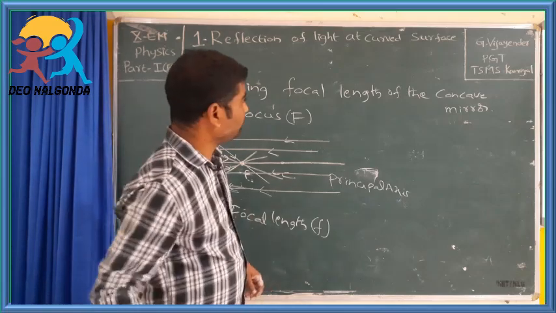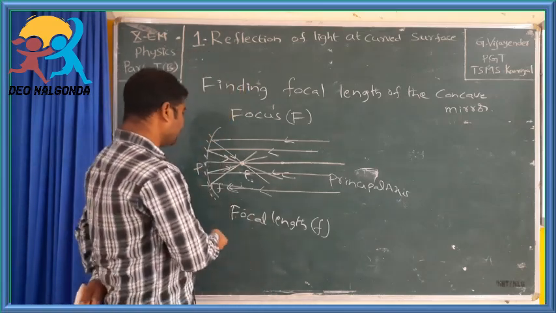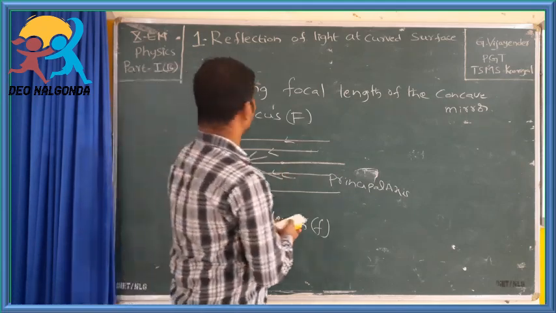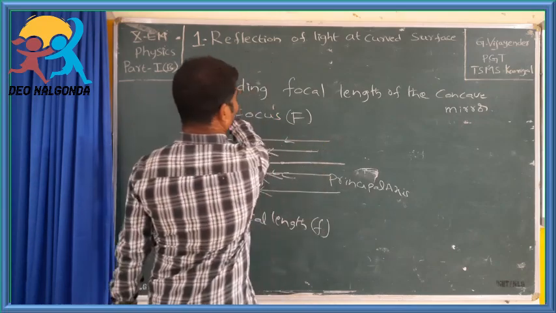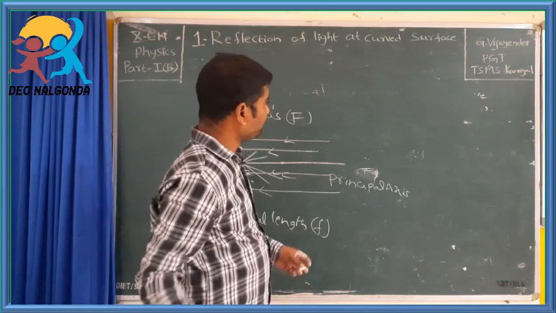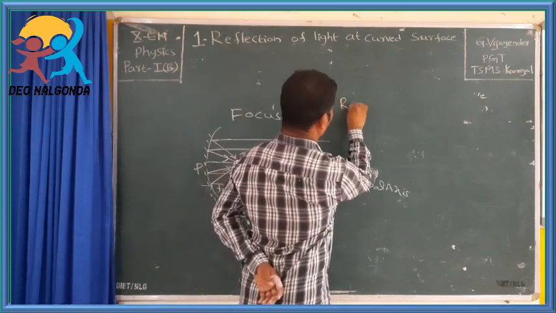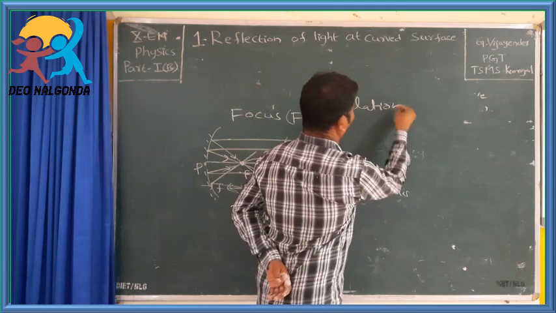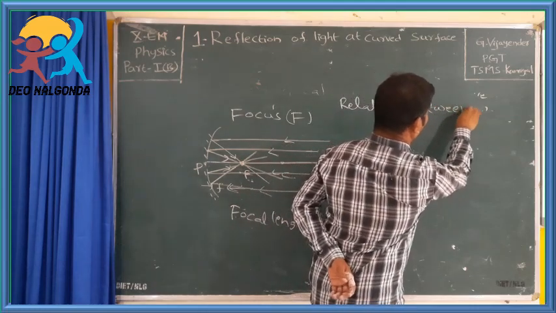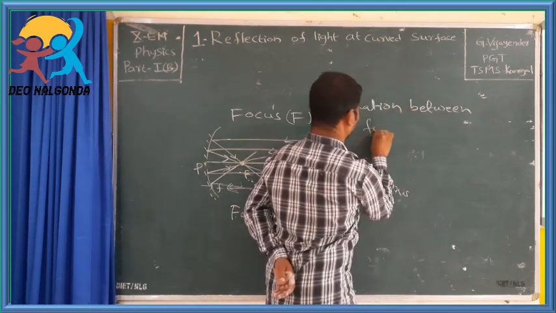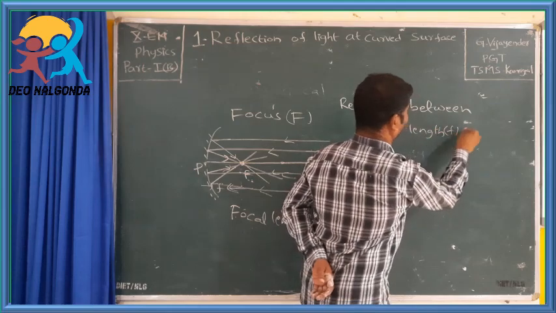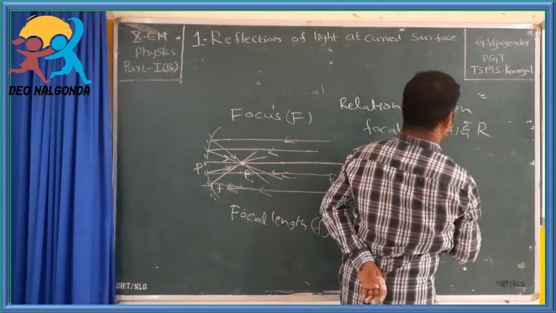Next we can find the relation between the focal length small f and radius of curvature capital R.